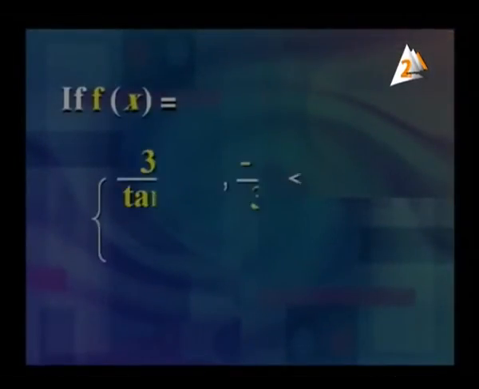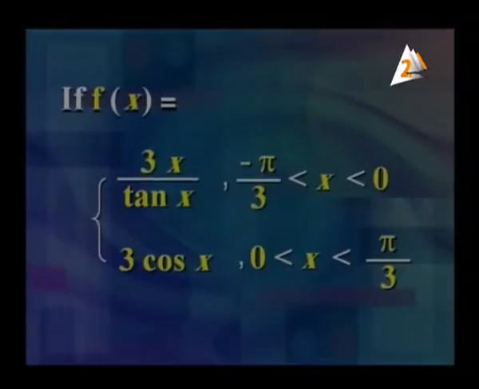Dear student, look at another example. f(x) equals two branches. The first is 3 tan x when x is greater than negative pi over 3 and smaller than 0. 3 cosine x when x is greater than 0 and smaller than pi over 3. What is the pi? 180.